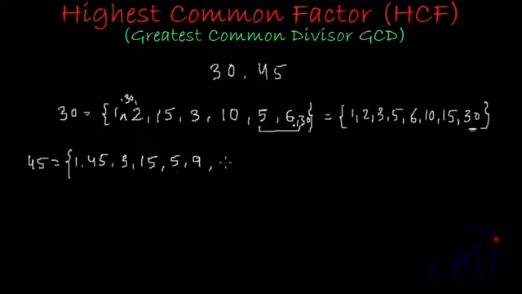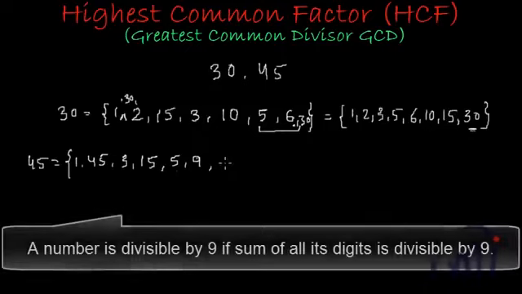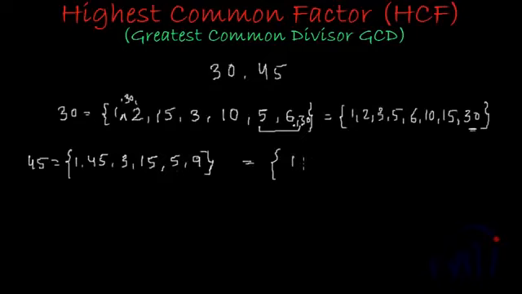So 45 is not divisible by 7, and it will not be divisible by 8 because it is an odd number. And yes, it will be divisible by 9 because 4 plus 5 is 9, and 9 fives are 45, and those two factors 5 and 9 I have already written down. So this will be the complete set of all the possible factors of 45. Now if I write them in increasing order, it will be 1, 3, 5, 9, 15 and 45, right?